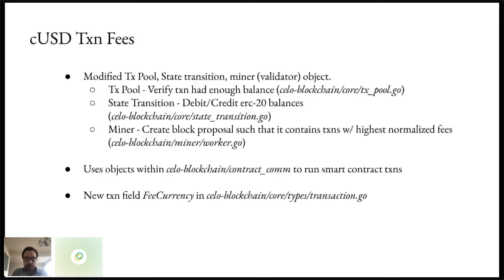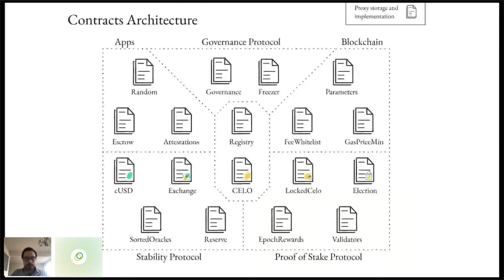Now, this slide I believe has been shown in other tech talks, but our system has a whole bunch of what we call system smart contracts, and this is more into our higher smart contract layer. Our blockchain client is able to interact with them, and from its internals it can actually execute transactions.